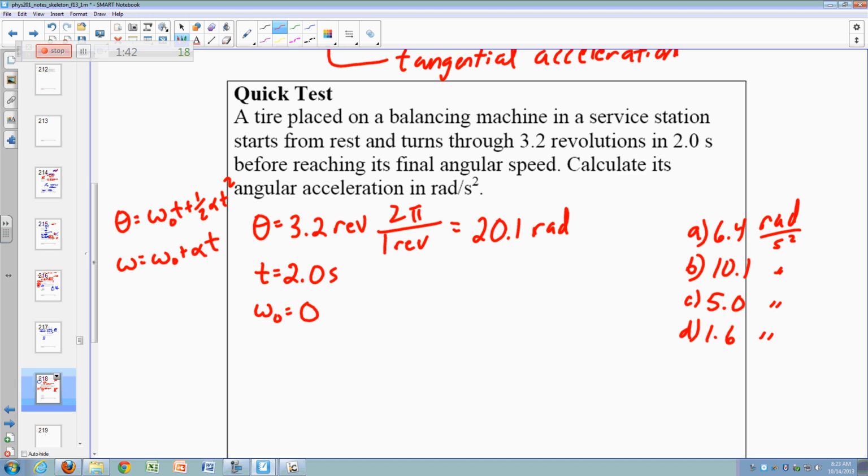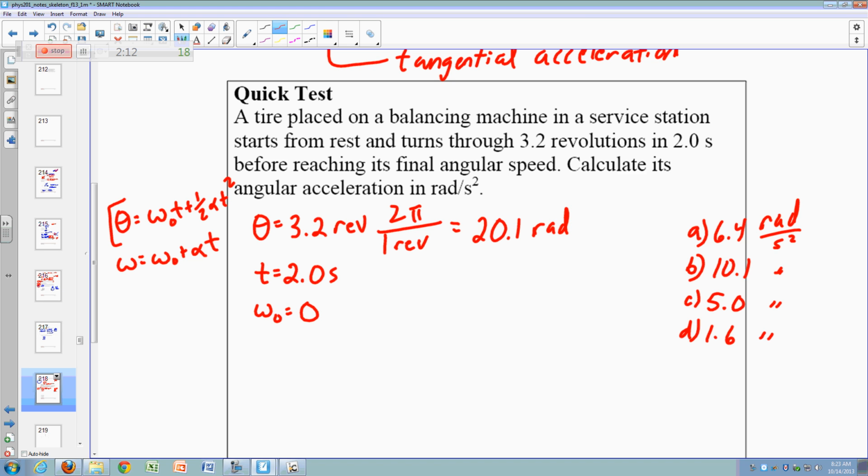I want to know alpha, that's angular acceleration. Which of these will I use, the top or the bottom? Which do I use to find alpha? Okay, I don't know omega final. Yeah, so I want to use the top.